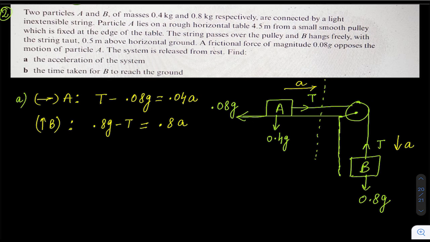If you want to find acceleration, you can just add them, because T will get cancelled. So if you add them, you will get 0.8 g minus 0.08 g is equal to 0.4 plus 0.8, that is 1.2, times acceleration.